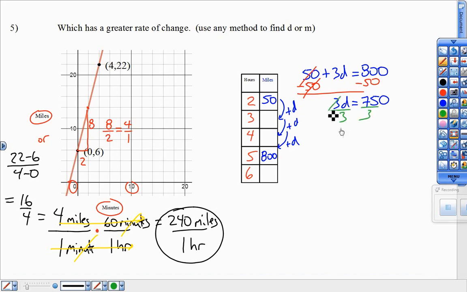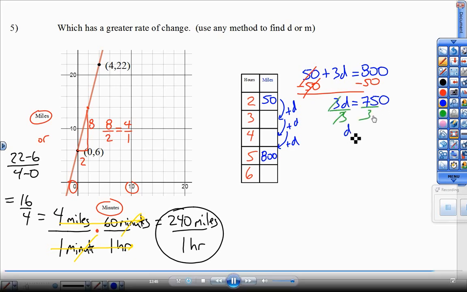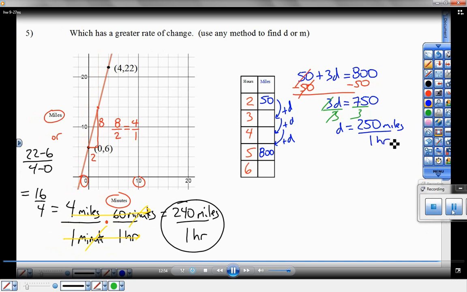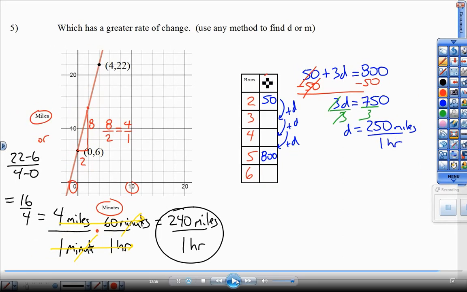So if I divide 750 by 3, it gives me 250, and that's automatically miles per hour. So again, that 250 is miles per hour.